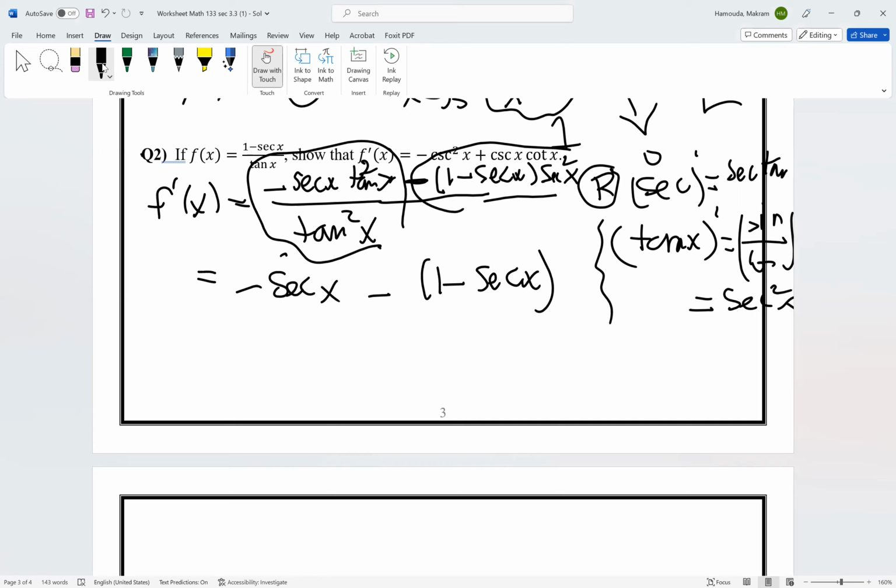It means that we can multiply by cosine squared instead, and also by cosecant squared.